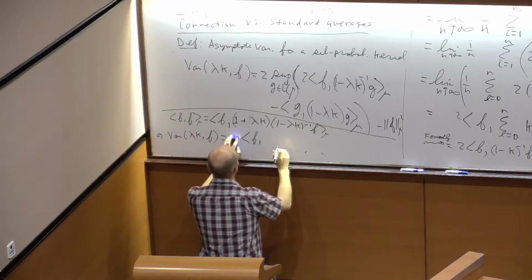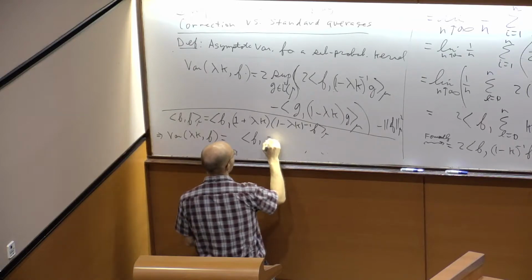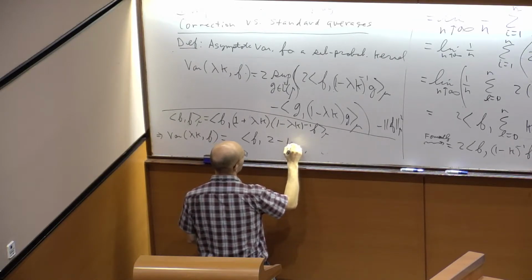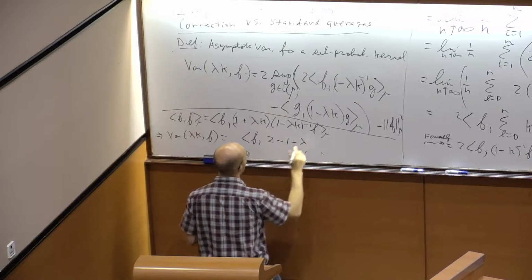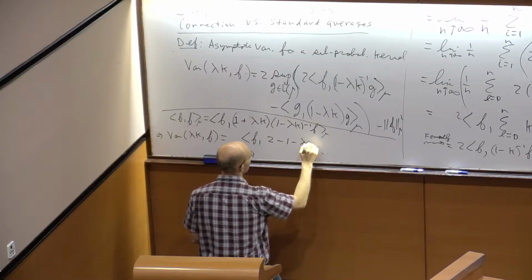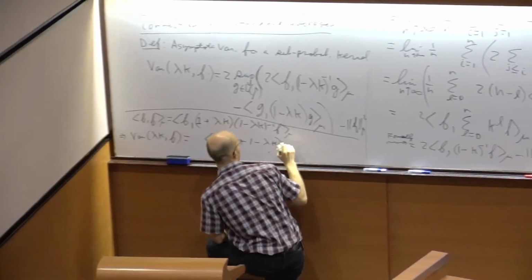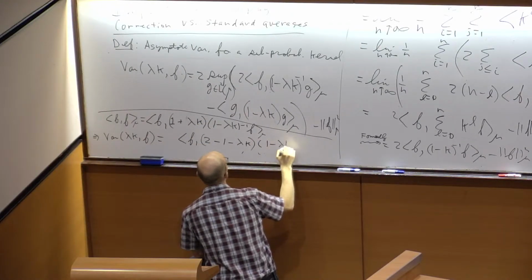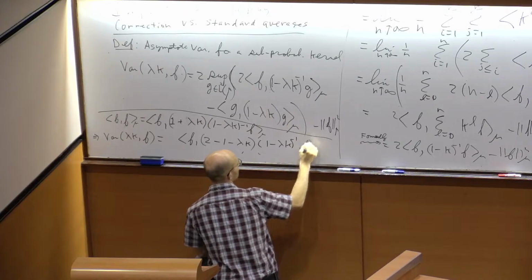So it's 2 minus (1 minus lambda K) times (1 minus lambda K) inverse.